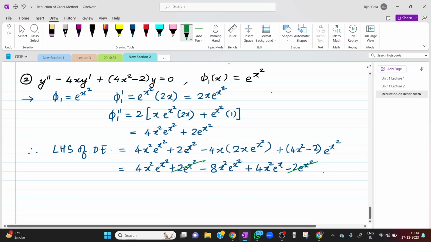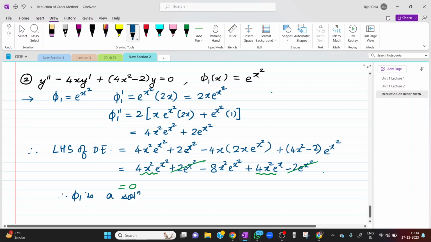So here negative 2 and positive 2, this gets cancelled. This and this gets added to 8 and minus 8 is going to give me a 0. So that's your RHS. And therefore, I can claim phi 1 is a solution. Okay. So we found one of these solutions.